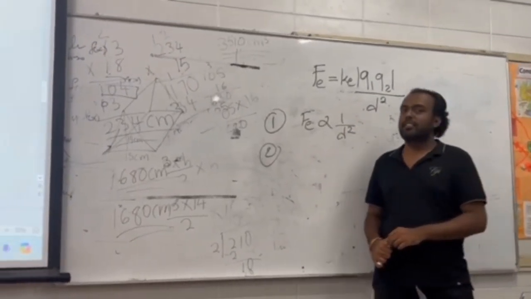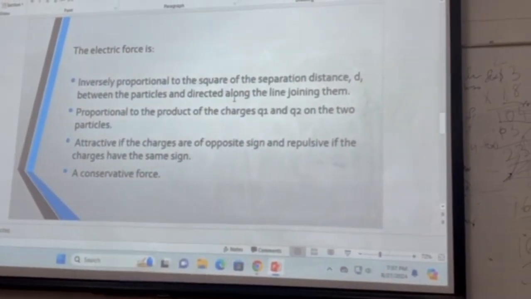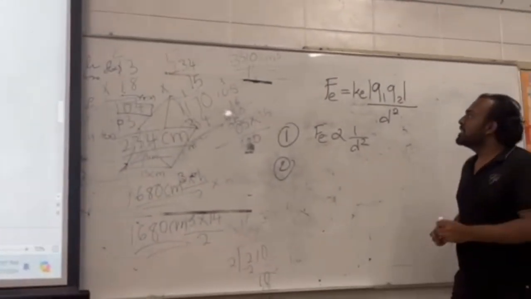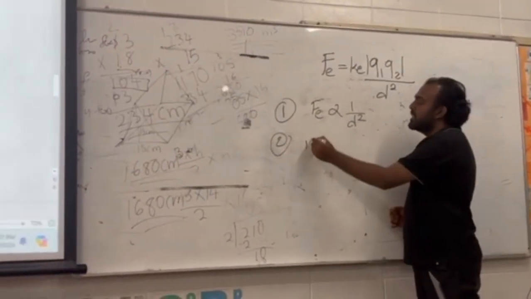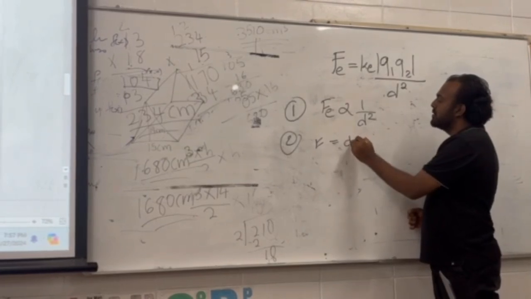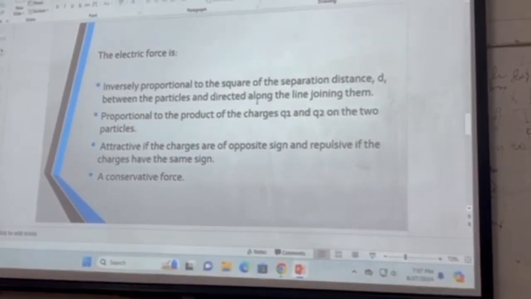Proportional to the product of the charges Q1 and Q2 of the two particles. Yes, so it means that the force is proportional to the charges Q1 and Q2. Can somebody read point number 3, please?